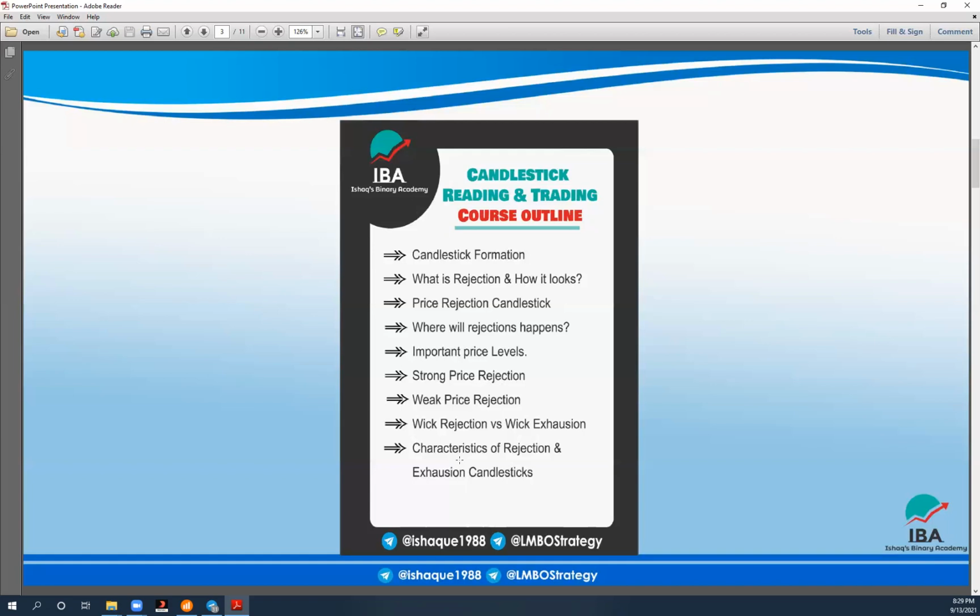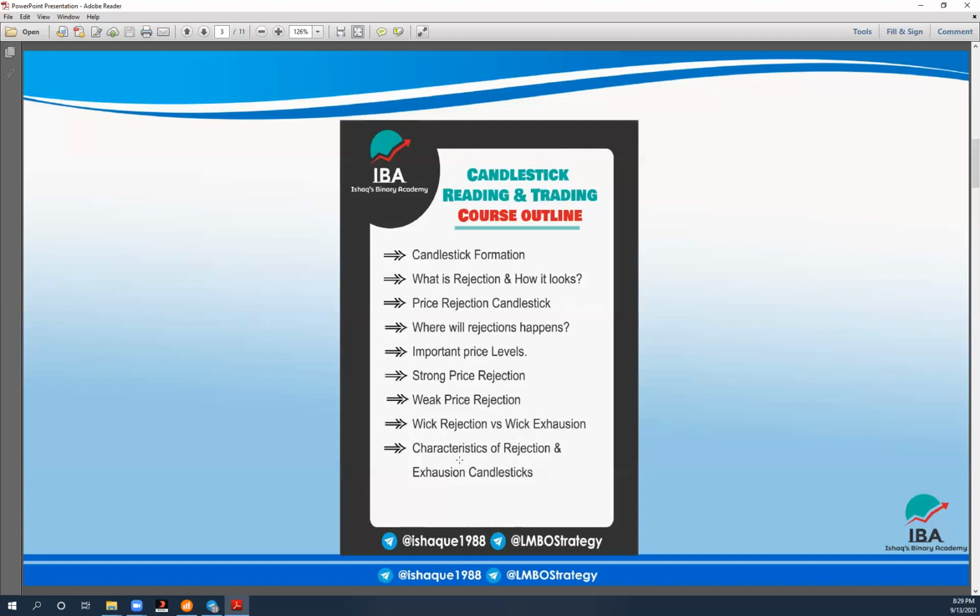Brother, whatever doji you find, just identify whether this doji is the place of the buyer or the place of the seller. Why did this doji appear? Any type of doji you will find, there are 5 types of doji. From those 5 types, if any doji appears in the place of the buyer, the next candle will be red. If it appears at the seller's place, the next candle will be green. Right?